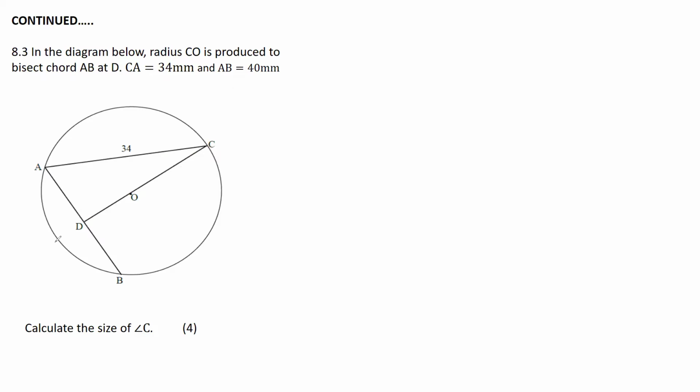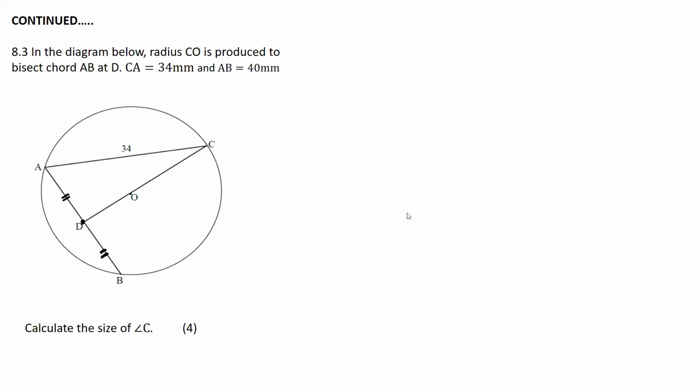It doesn't go to the circumference. This whole line is bisecting AB at D. So when it's bisecting AB at D, it means D is a midpoint. So it means the line AD and the line DB are equal.